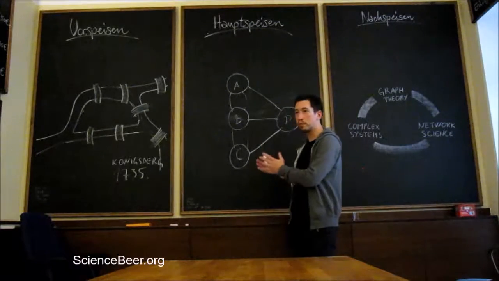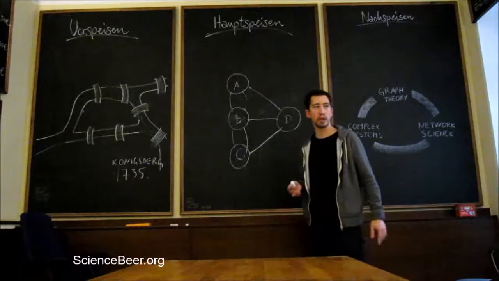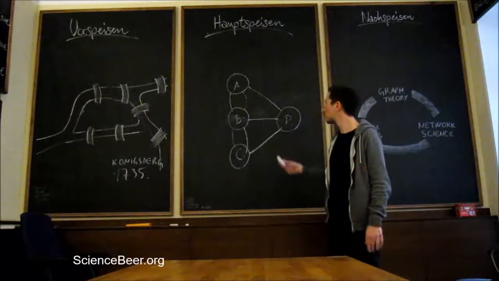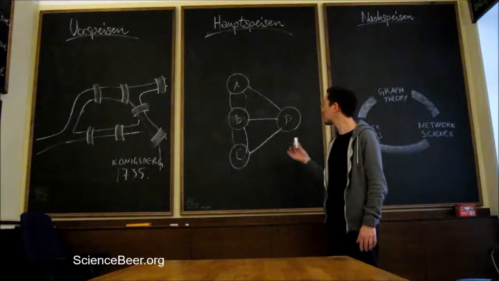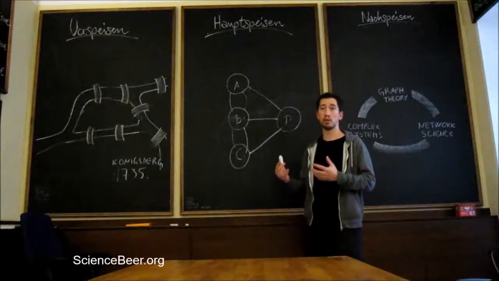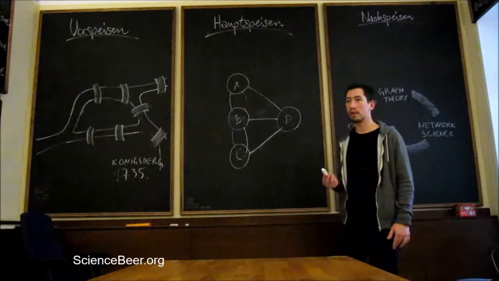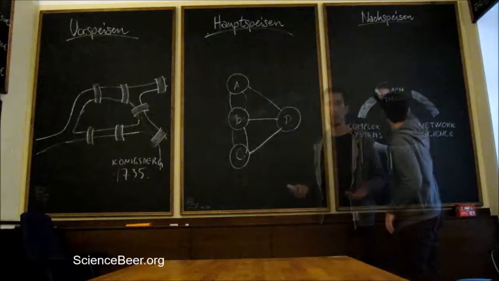Euler proved that it is not possible to do it in this kind of graph. The proof is quite simple, but I will not go through it. The most important thing is that this was the first time someone used graphs to prove something in maths. And that's the beginning of a science called graph theory.